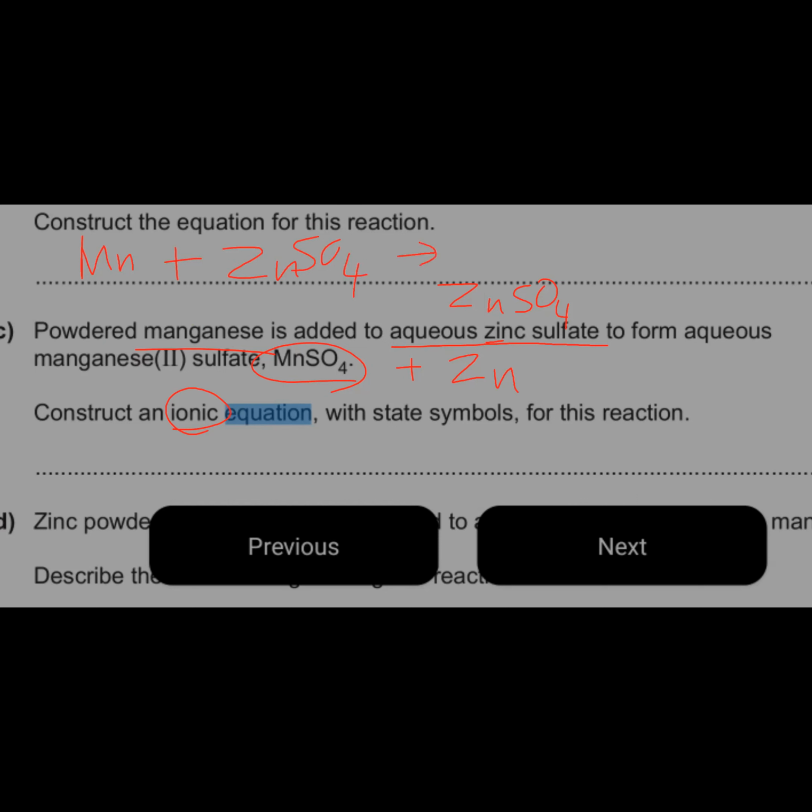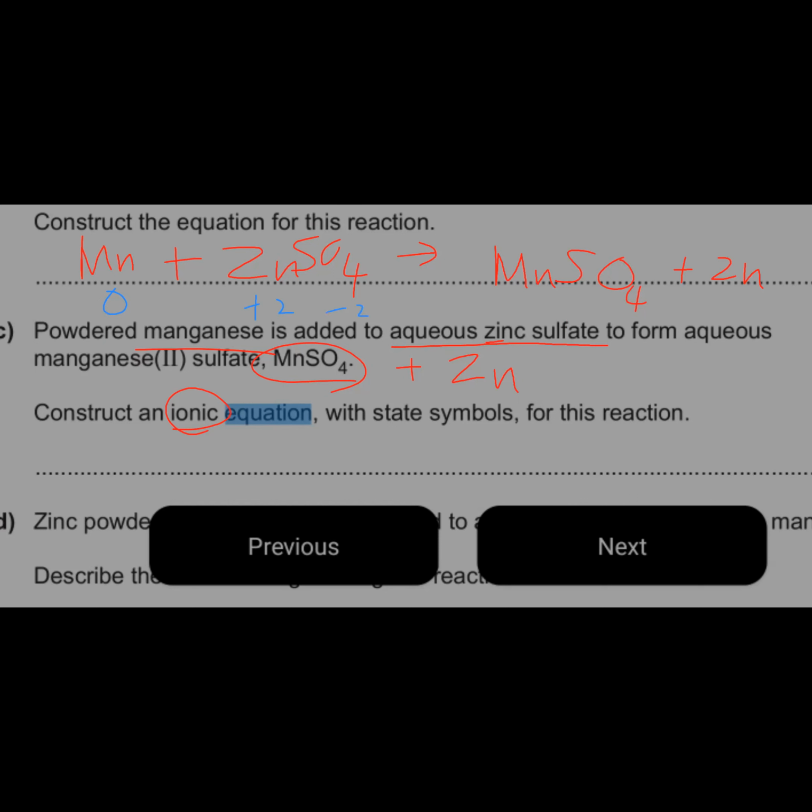Manganese and zinc sulfate. Now first write that, and you can identify the oxidation numbers here. This is 0. Zinc's oxidation number is +2 here, and sulfate's oxidation number is -2.